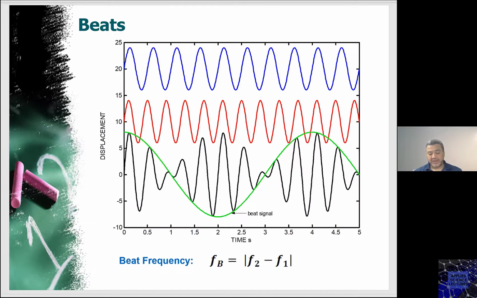If those two interfere, again through construction and destruction, you will see that the result is going to have that shape. The amplitude will start varying, and this is because of the destruction. Here, due to the construction, it will be maximum. So if you look at the difference between the two frequencies, the result would have that shape.